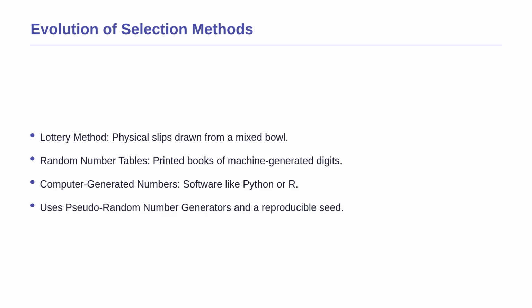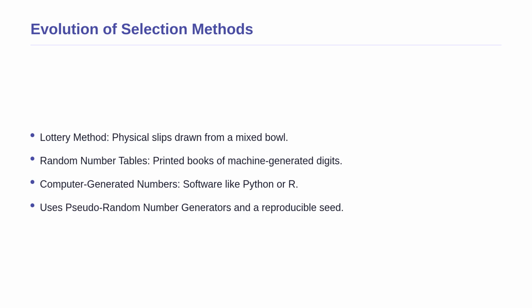So, how do we actually pick names from our valid frame fairly? Historically, statisticians used the lottery method, literally drawing paper slips from a mixed bowl. But for 1 million people, that is physically impossible. They then invented random number tables, thick printed books of machine-generated digits.